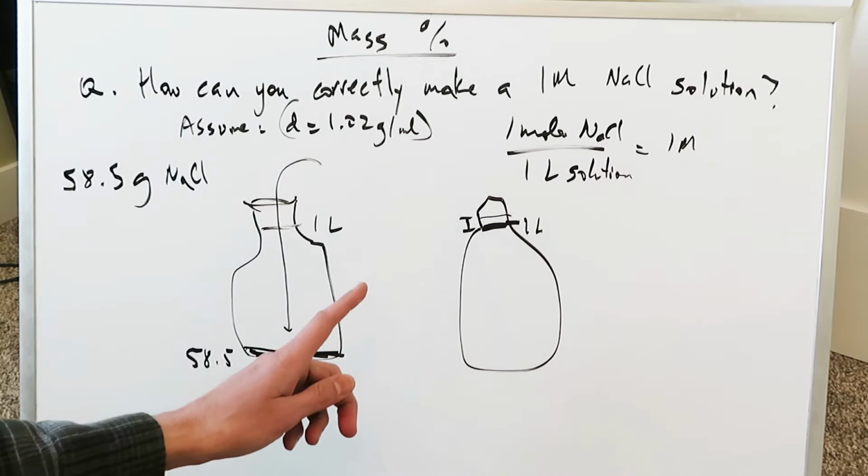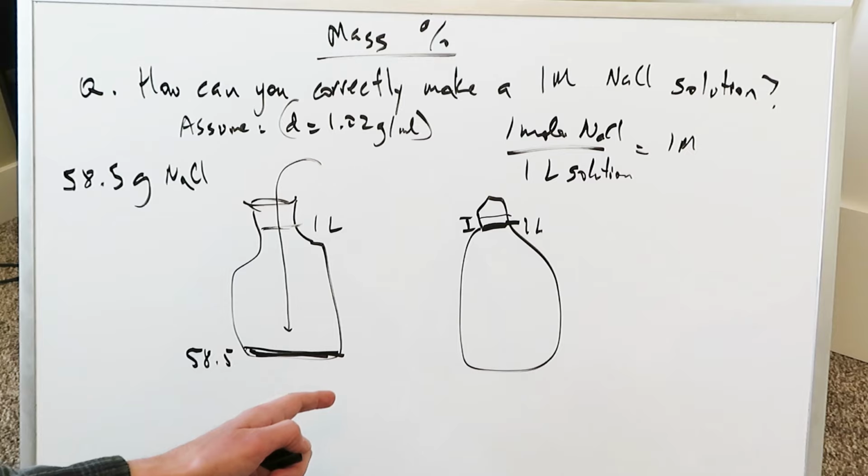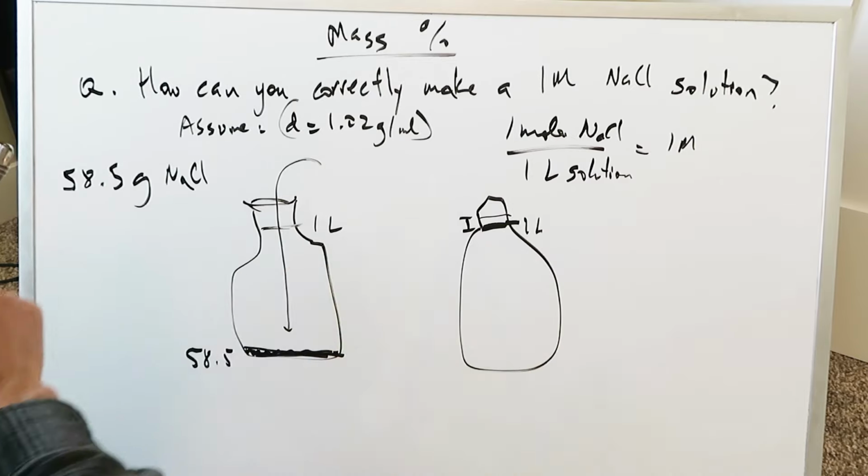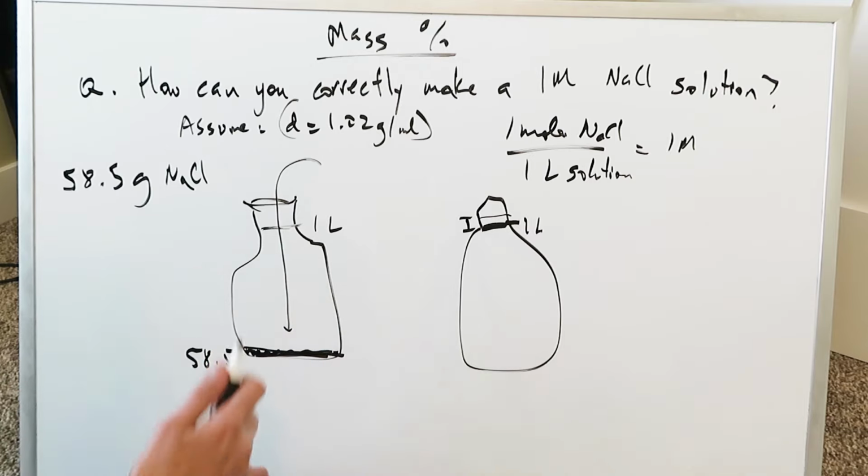That little extra amount will reduce your molarity from 1 to something else. You will not have a 1 molar. You put your solute in first, 58.5 grams of it, then add enough water to raise it up to the 1 liter solution mark. And that's how you would do it.